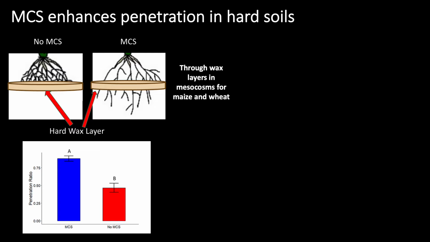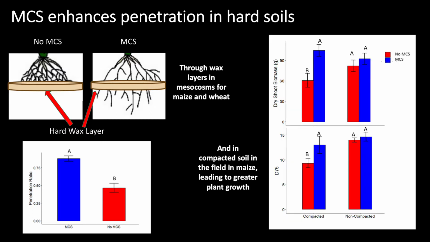Maize and wheat lines with MCS had greater penetration through hard wax layers in mesocosms. In compacted soil in the field, maize lines with MCS had greater dry shoot biomass and greater root depth than non-MCS lines.